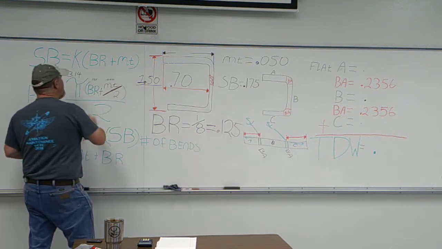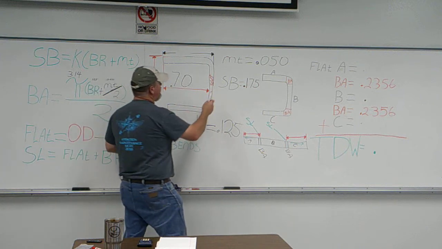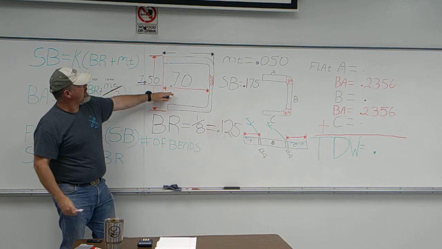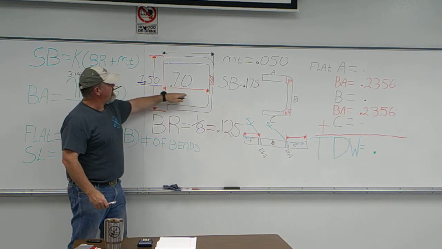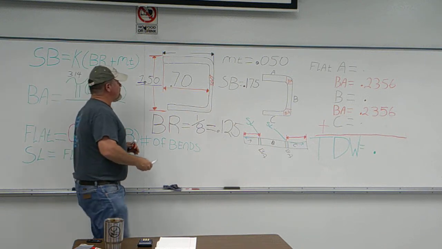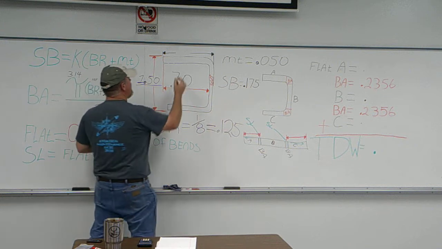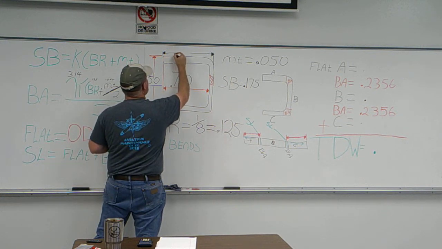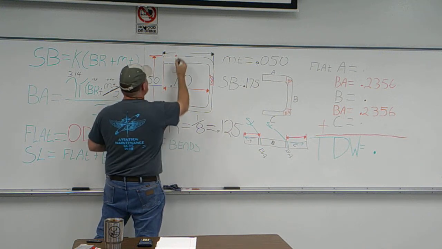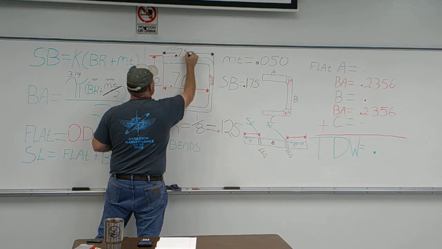Setback. Setback is 0.175, so we subtract that from our outside dimension. Here in the drawing, we have a throat of 0.70. That is not our outside dimension. Our outside dimension has material thickness added to it. That gives us an outside dimension of 0.75.